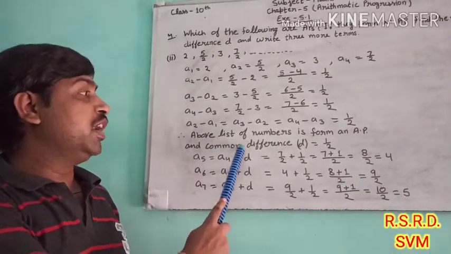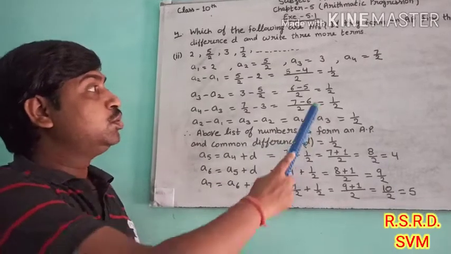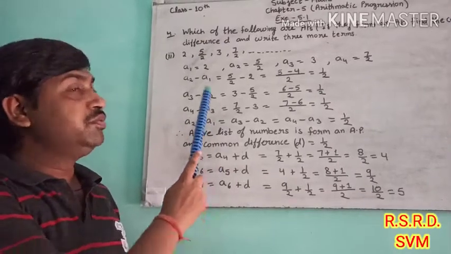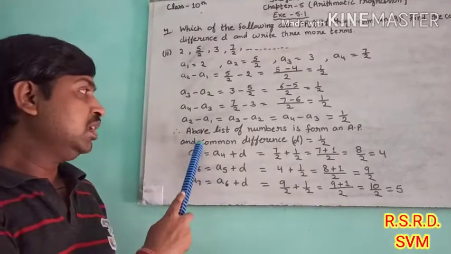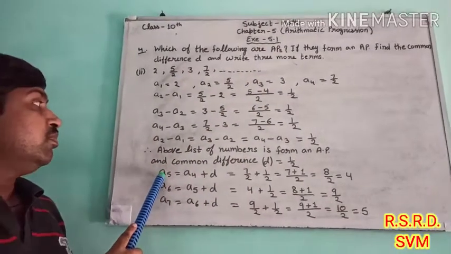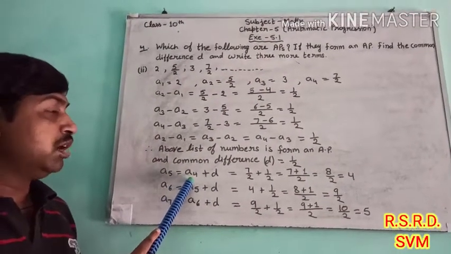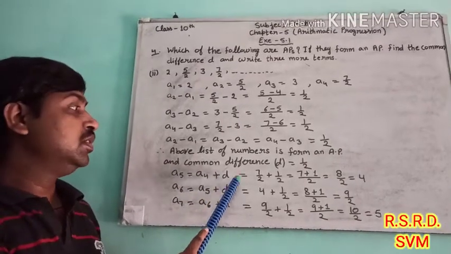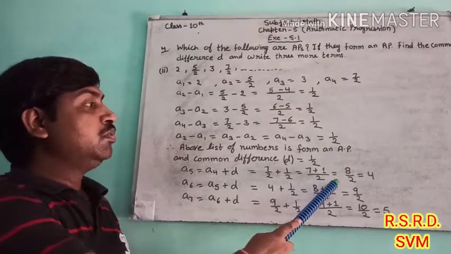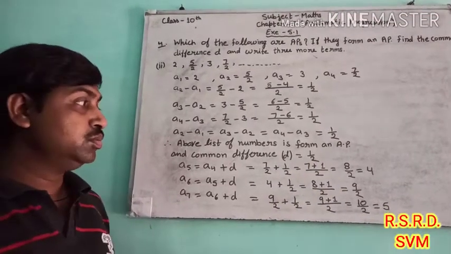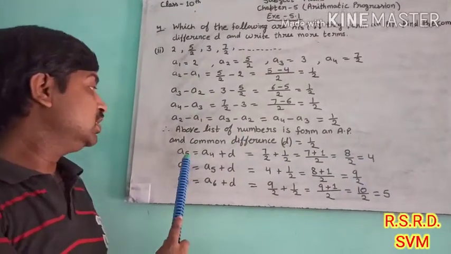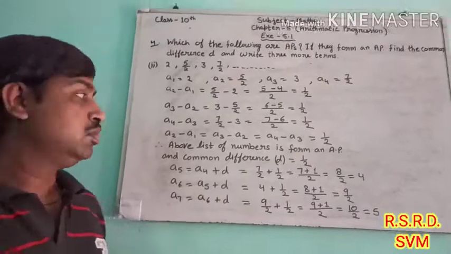The common difference D is equal to 1 upon 2, which is the difference we found above. Now we have to calculate the three more terms. So fifth term equal to fourth term plus common difference, means 7 upon 2 plus 1 upon 2, we get 8 upon 2. 8 divided by 2, we get 4, means fifth term equal to 4.